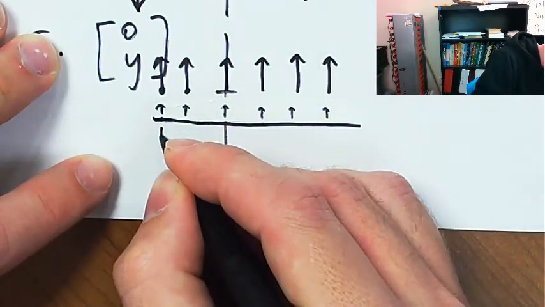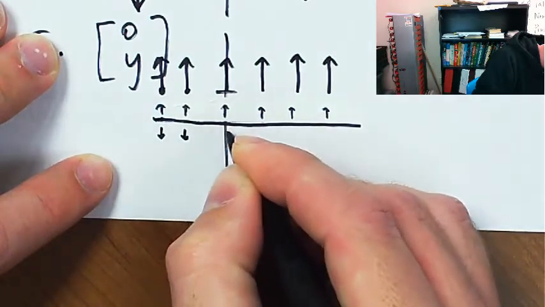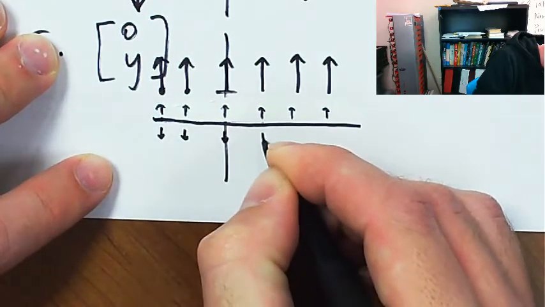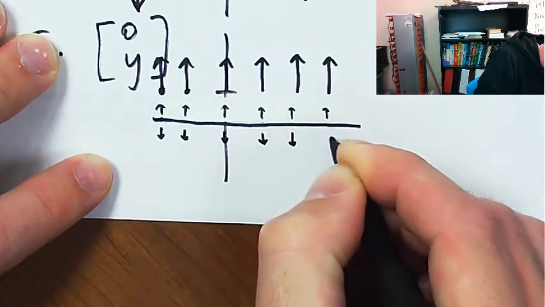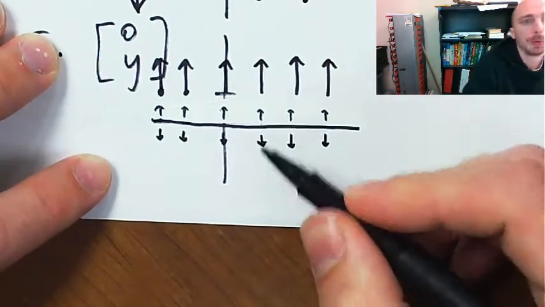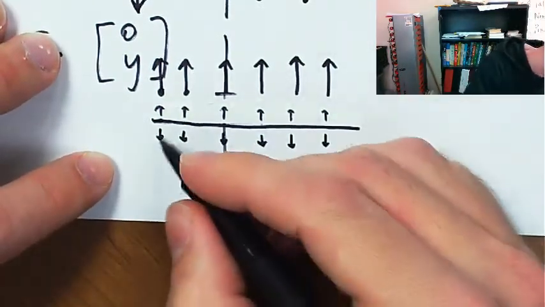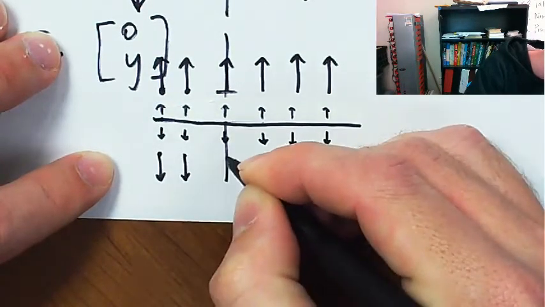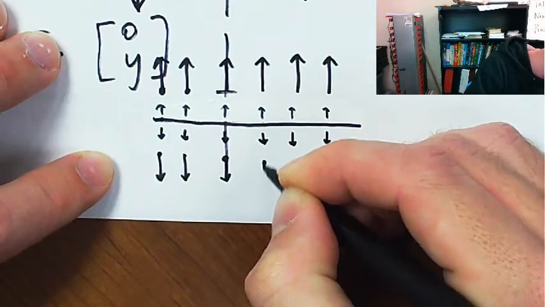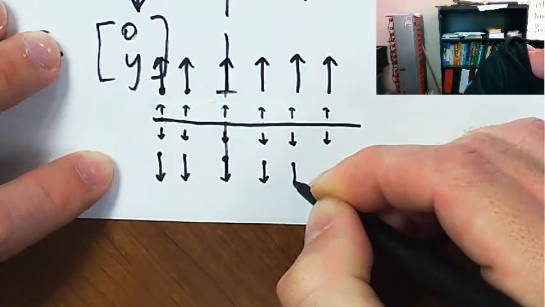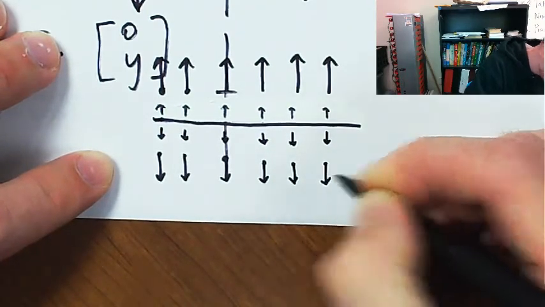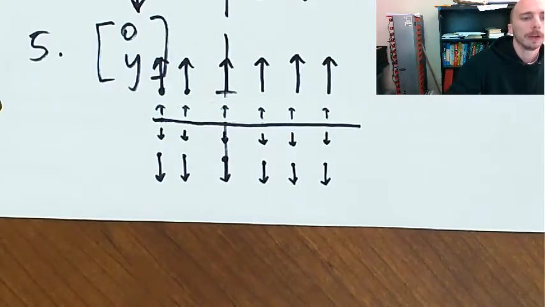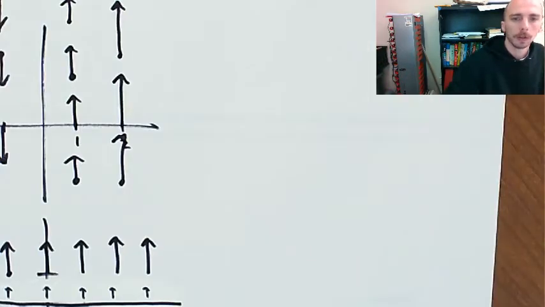Down here, this would also be really small. And when I get more negative, the vectors would get longer. Something about like that.